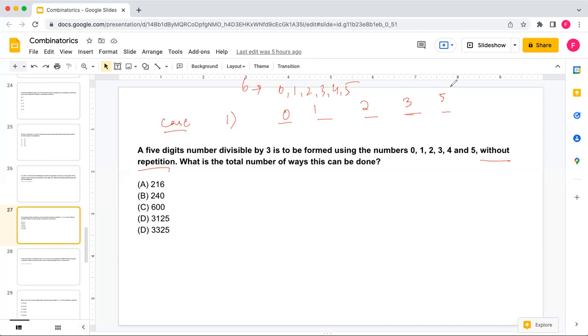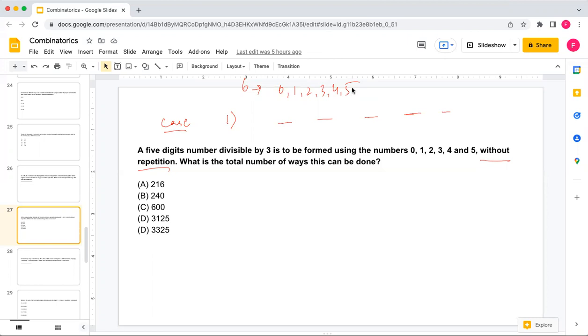I'm asking, can I do this way? No, it's not a 5-digit number. I'm not asking whether the first is 0. I'm just saying which 5 numbers can I choose for the first case.